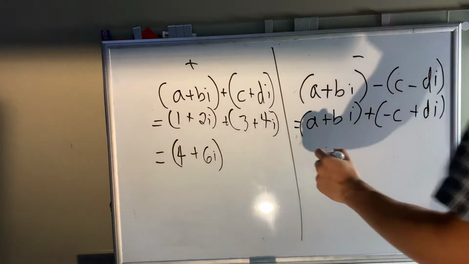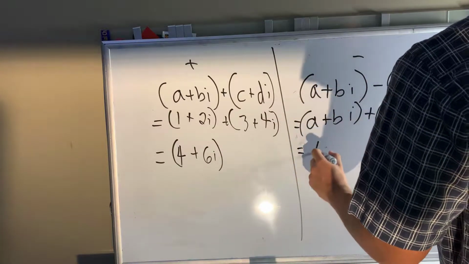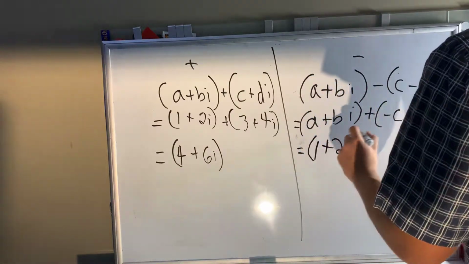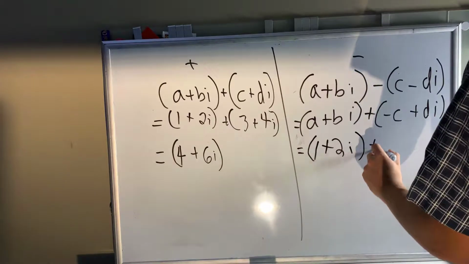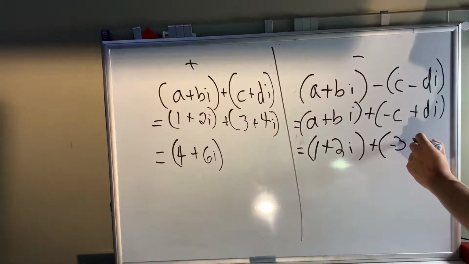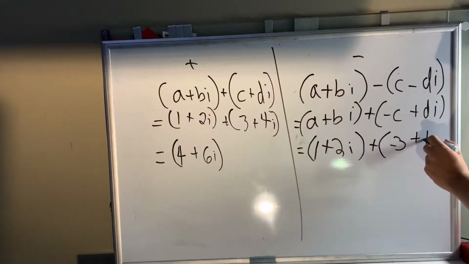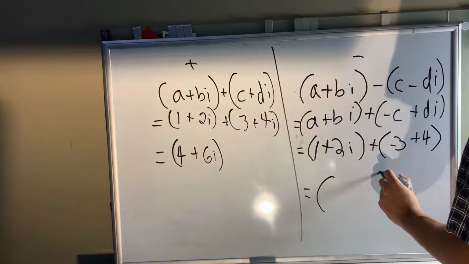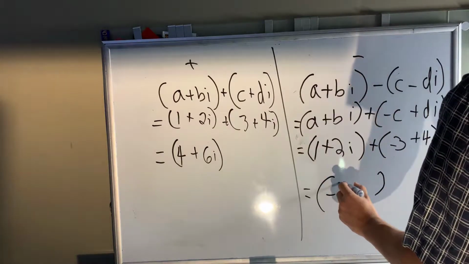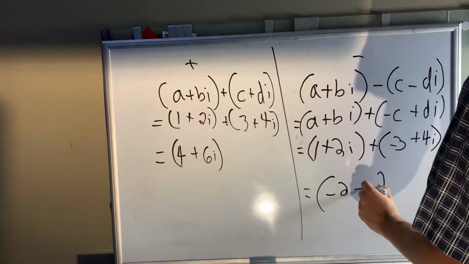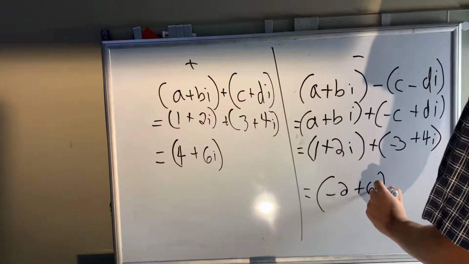Let's add in the same numbers here. 1 plus 2i plus negative 3 plus 4i. Our answer would be negative 2, oops, I forgot the I here, plus 6i.